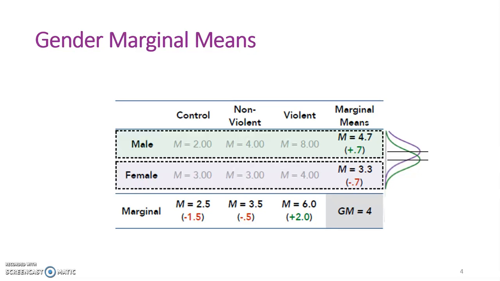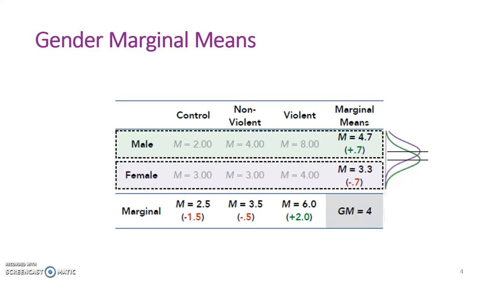The gender marginal means are highlighted here with distributions next to them to show what these distributions look like. The male marginal mean on aggression is 4.7, and the female marginal mean on aggression is 3.3. I'd also like to point out the gray box in the bottom row, all the way to the right, that says GM equals 4.